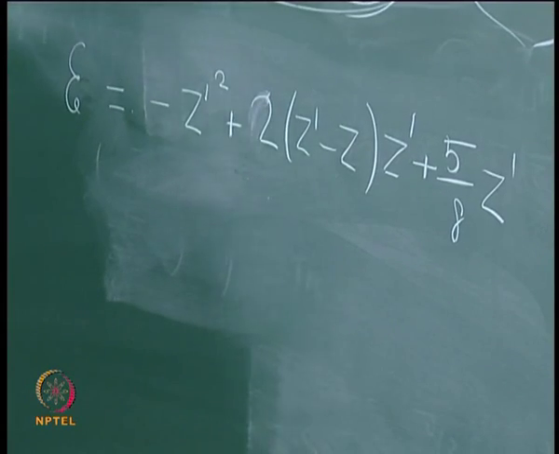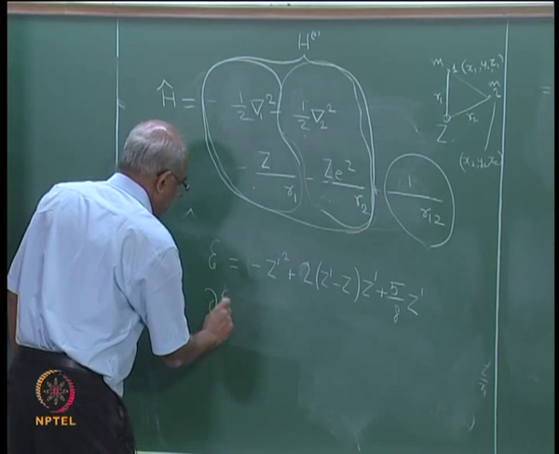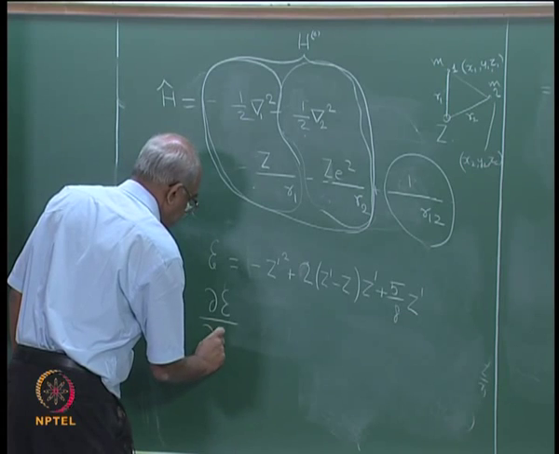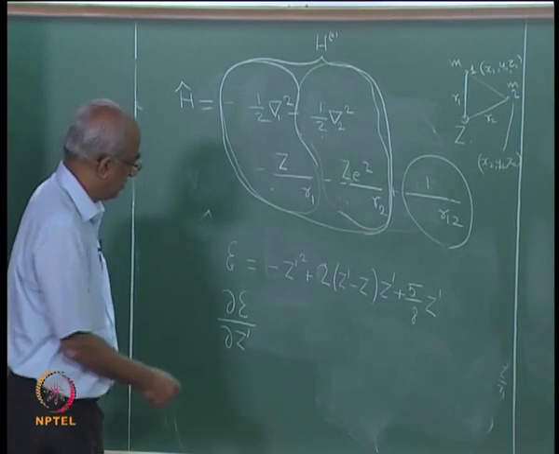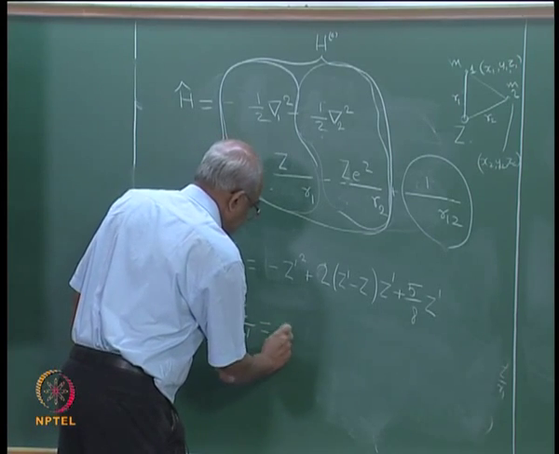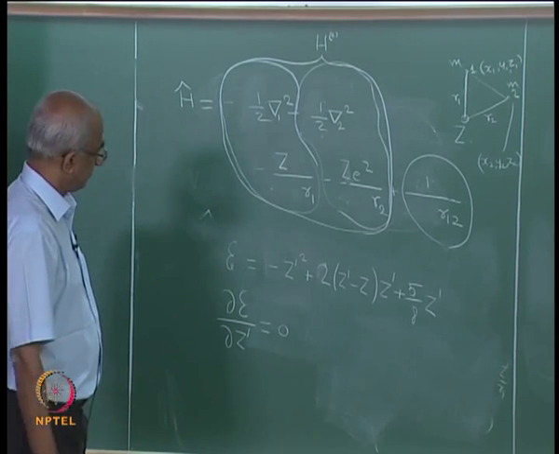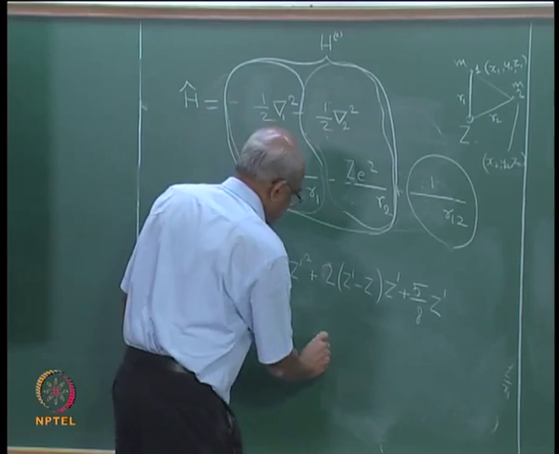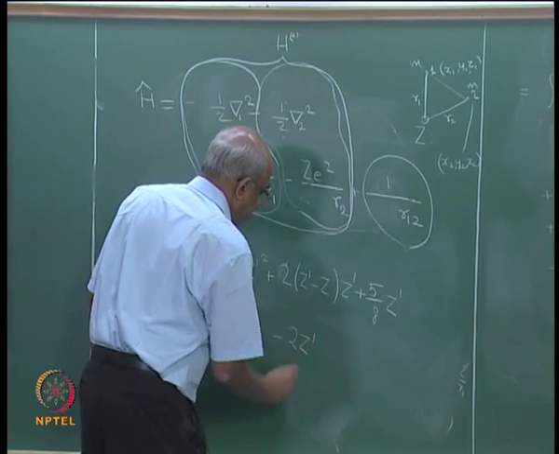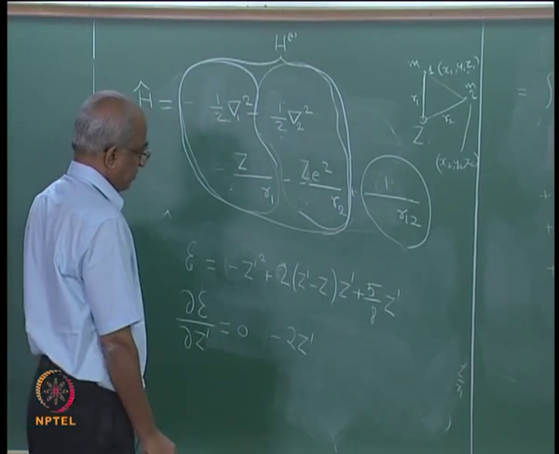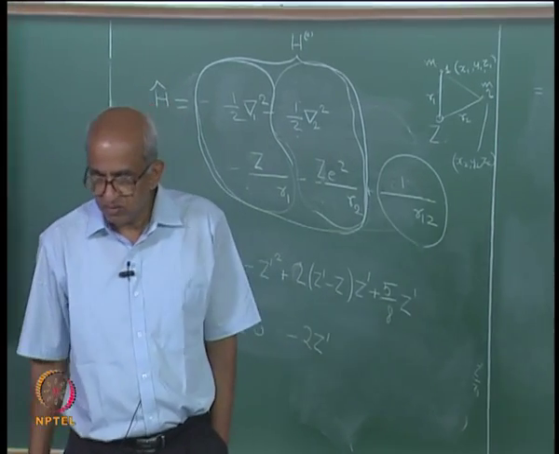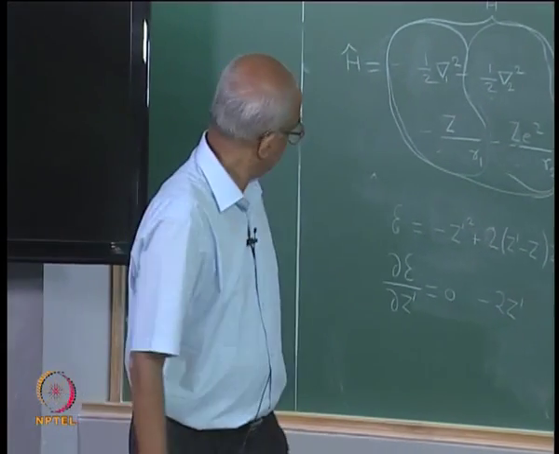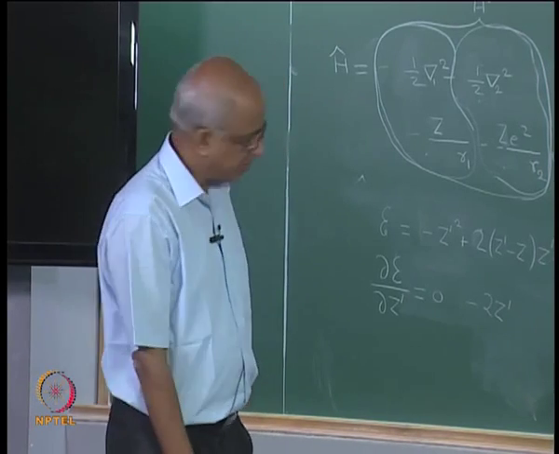And so what will you do now? You will take the derivative of script t with respect to z prime, because that is our variational parameter, and put the derivative equal to 0. What is the answer that I am going to get? Minus 2 z prime. I still am a little bit worried about this. It seems to be okay.